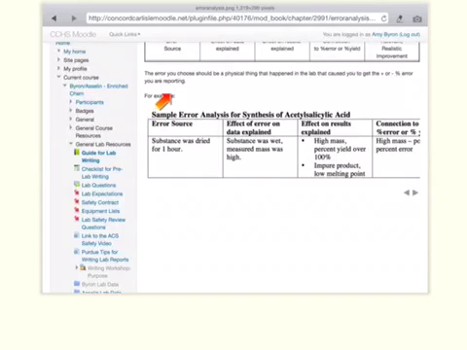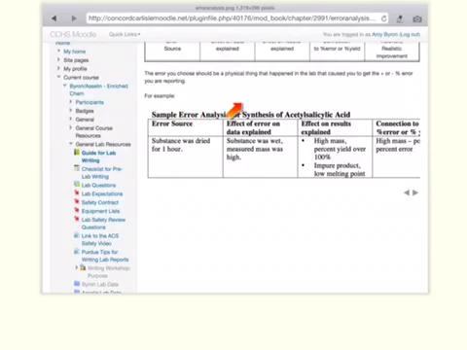If I look over here, it meant that the substance was wet when you measured it. So what that meant on your data is that it changed your mass higher, okay? Again, this is all about your data. Right here, we're talking about data.